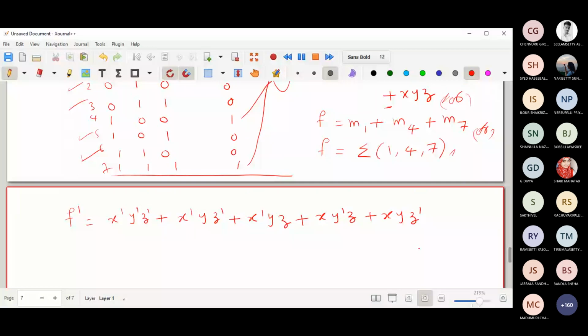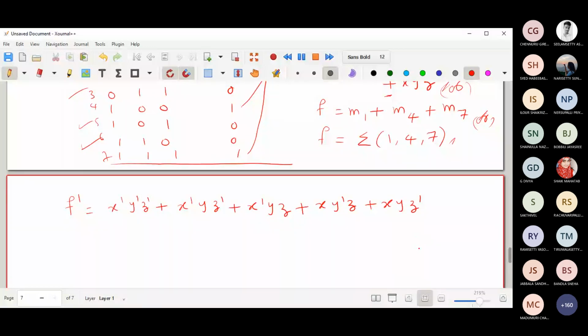So you have to apply complement on each side. What will we get here?